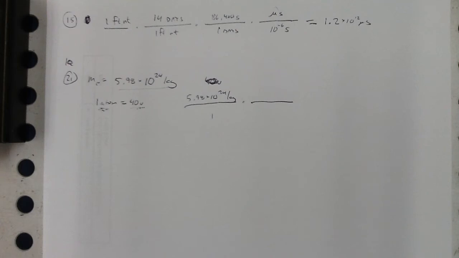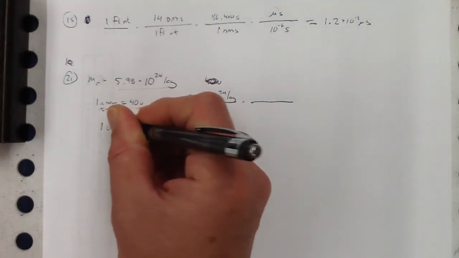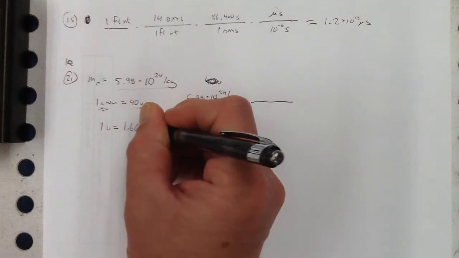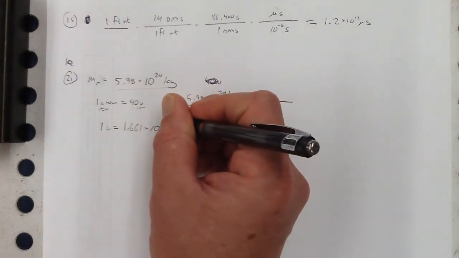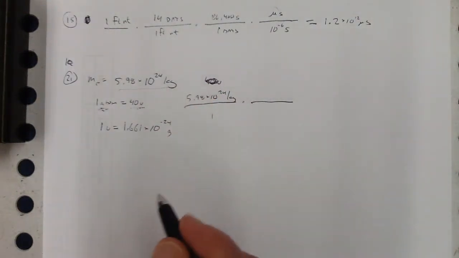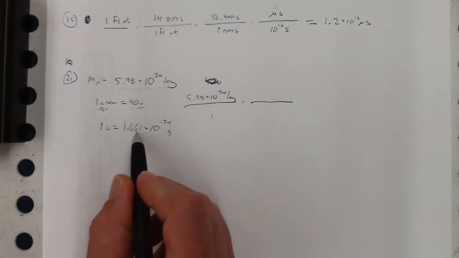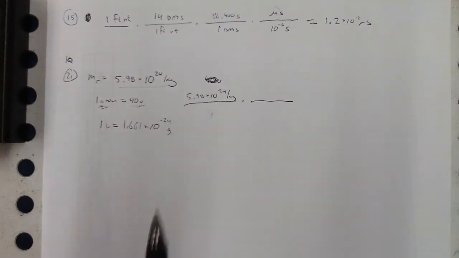One atomic mass unit is 1.661 times 10 to the negative 24. I think that's grams. And 1.66 times 10 to the negative 27 kilograms. I think I might have remembered that.